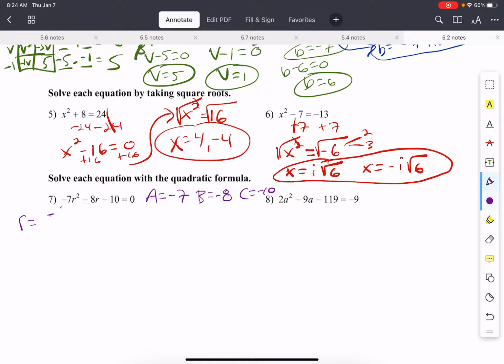So -b, remember one of my tricks for you guys was to always put your b in parentheses. Okay, so look, I stopped here, and all I did is I plugged the A, the B, and the C I listed into our quadratic formula.